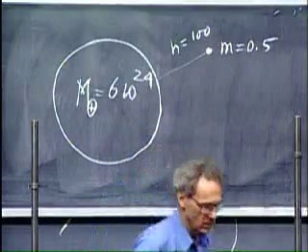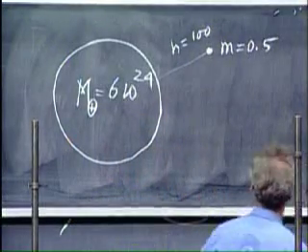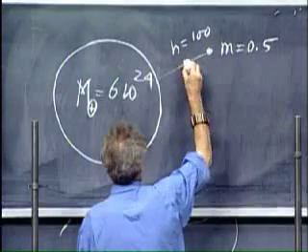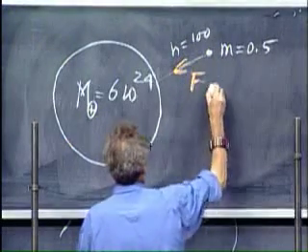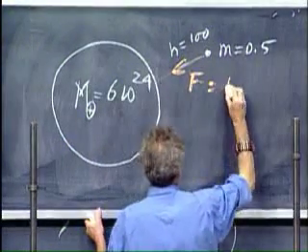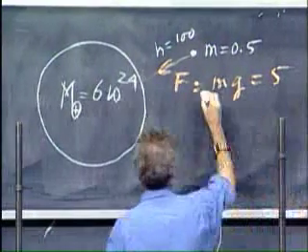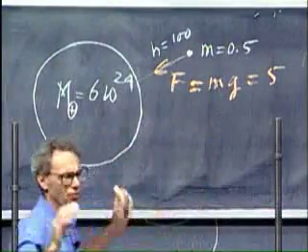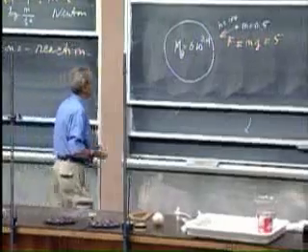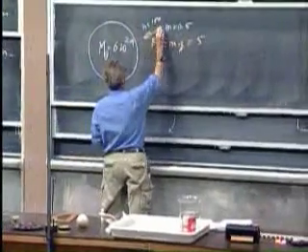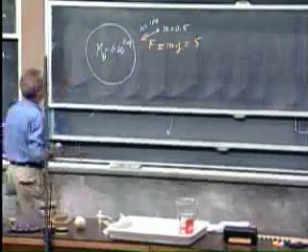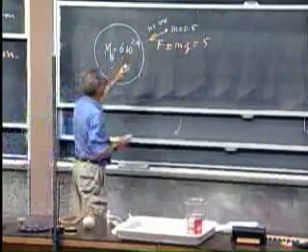There is a force from the Earth onto the apple. And this is that force. And the magnitude of that force is mg, and that is 5 Newton. I take g as 10, just round it off a little. Now, how long does it take this object to hit the Earth?